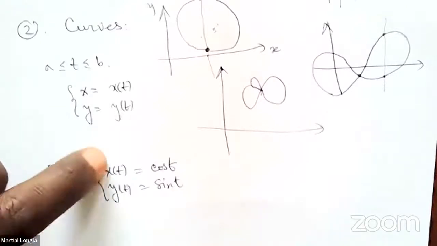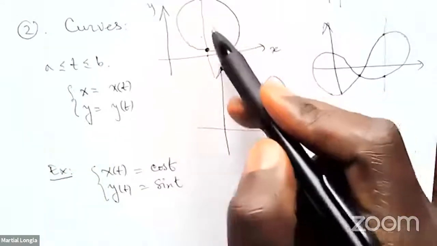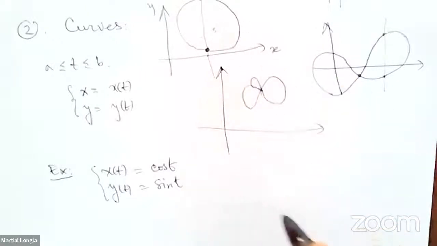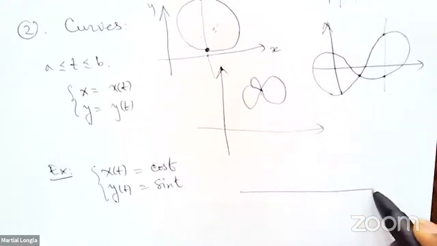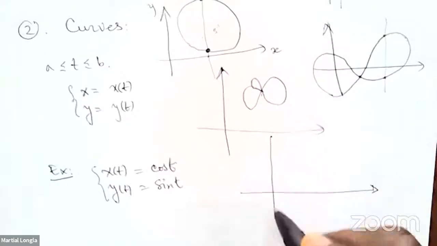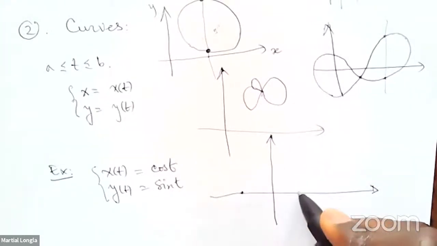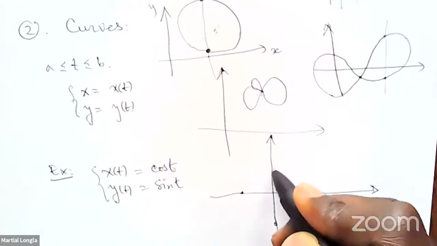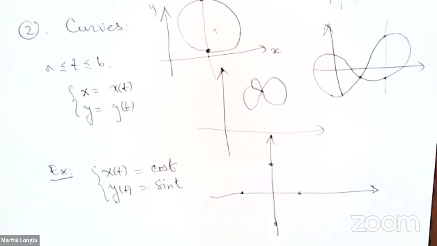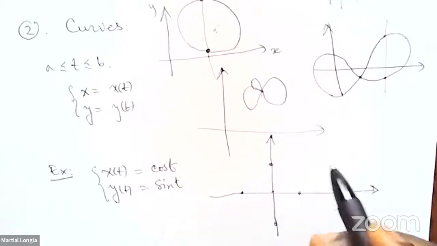Actually, this thing, if I do this, that will define for me a circle of radius 1 centered at the origin. How do I know that? For each of the values of t, you plug it in, you find x, you plug it in, you find y, and you put the corresponding point on the graph.